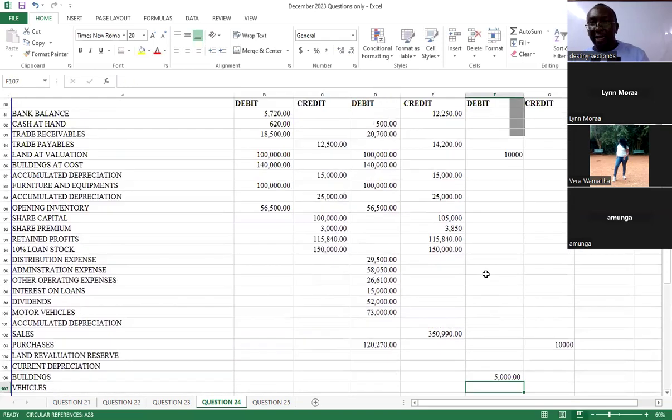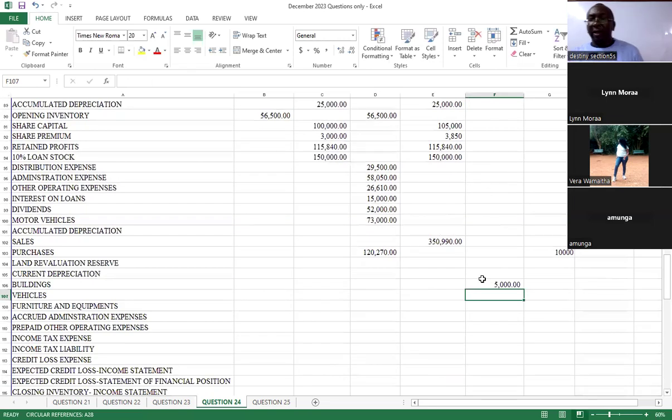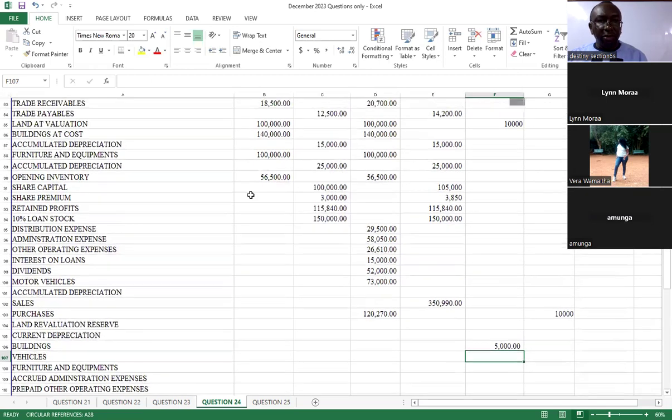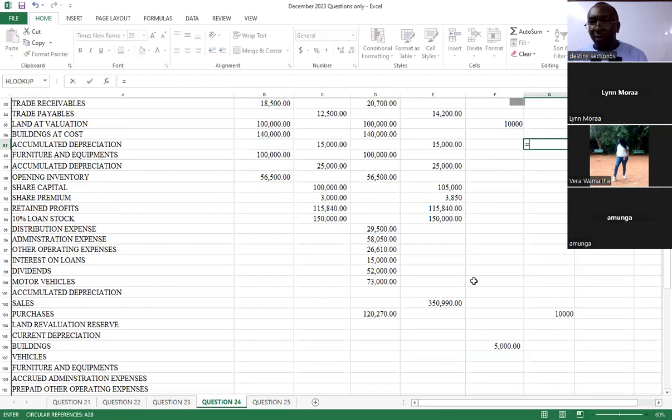So you enter, and then we credit the accumulated depreciation for the building, this one. So it must be this column here. This one equals to this amount here.